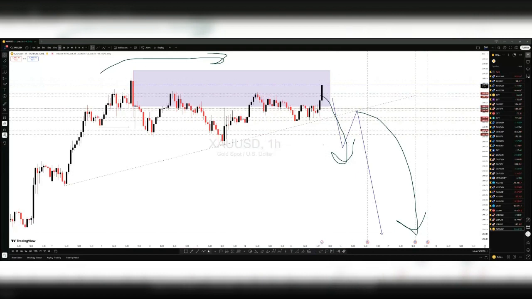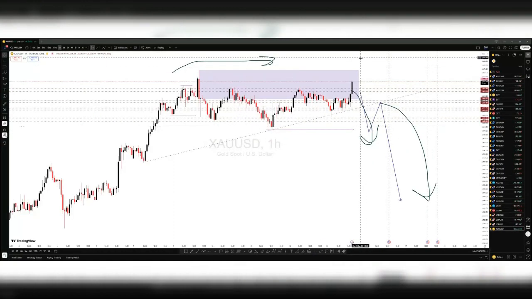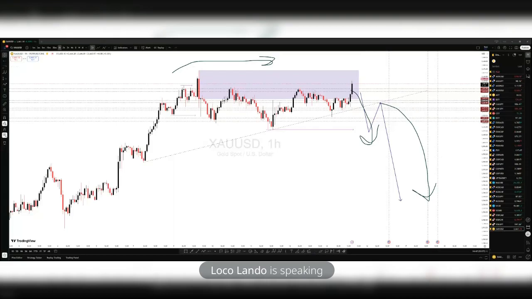There is still a zone here. This is still a region where price can react from. If price comes above this region, then you can begin to consider the possibility of a change of sentiment. But for now, patience is expedient.